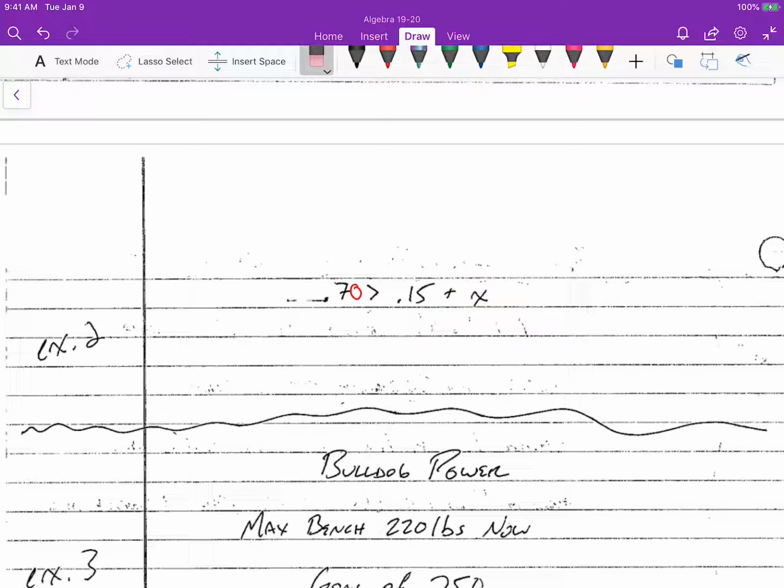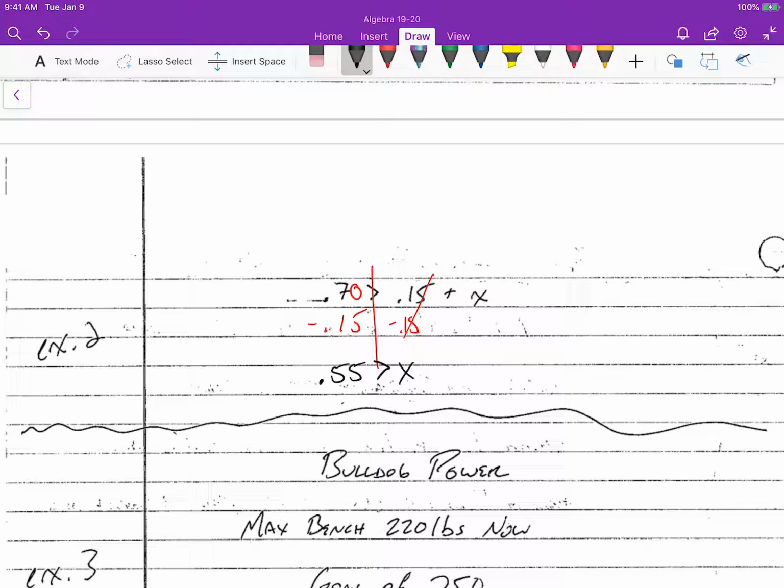So if we think about it instead as 0.70 is greater than, that will help me when I go to solve this. Subtract 0.15, or 15/100ths, from both sides, and I would get 0.55 is greater than x.